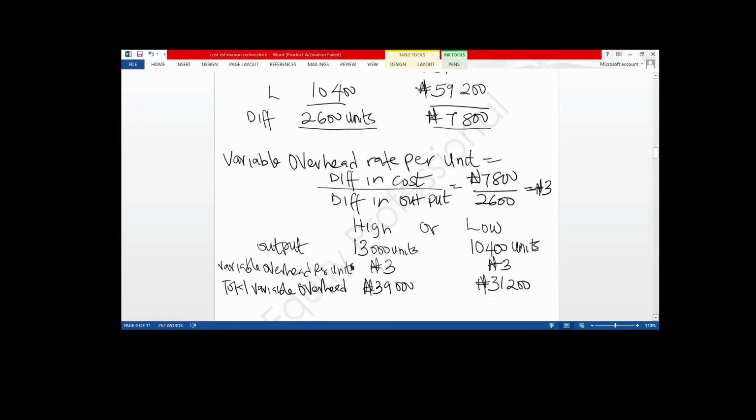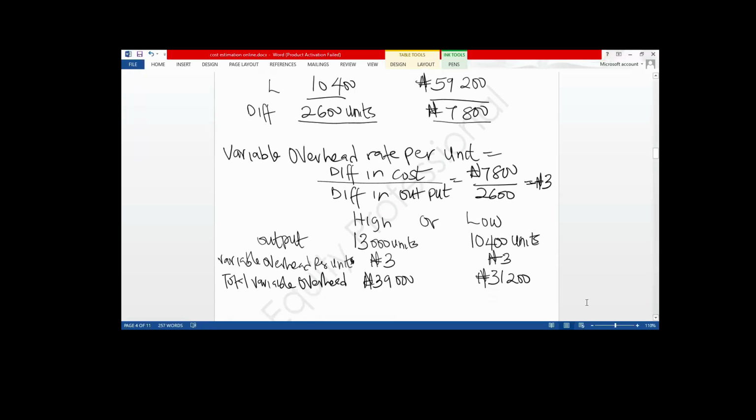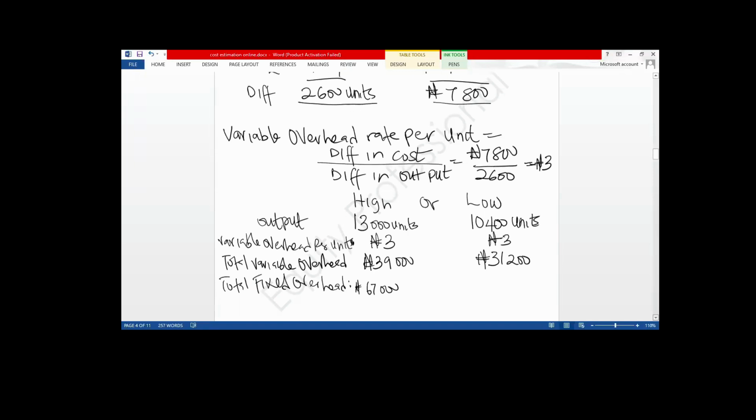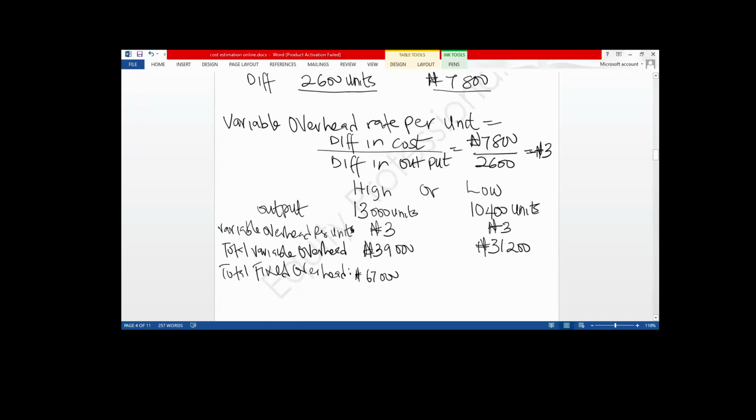Our total fixed overhead is equal to 67,000 minus 39,000.